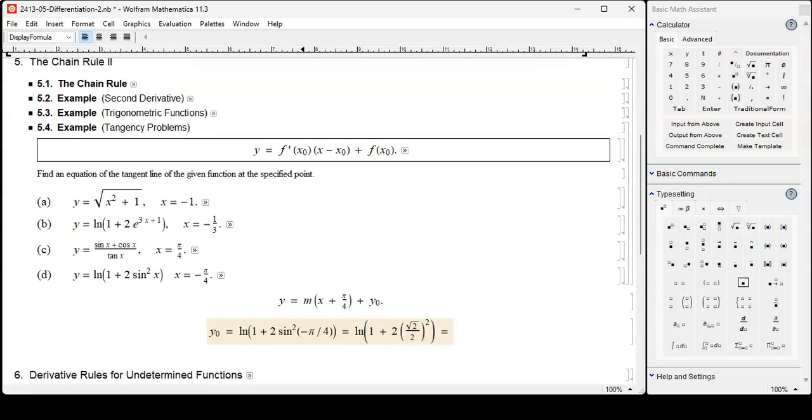That's what I'm getting. Excuse me, square root of 2 over 2 squared, then we have 2/4, so 1/2. So 1/2 times 2 plus 1, so that's 2. So that's log of 2 again.